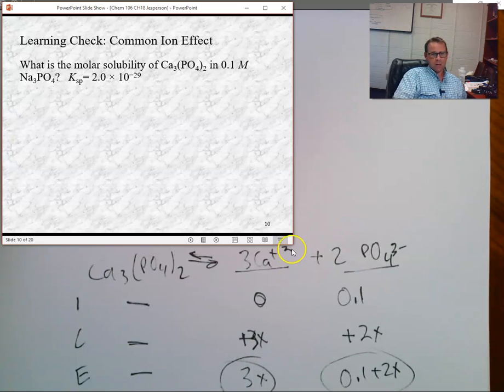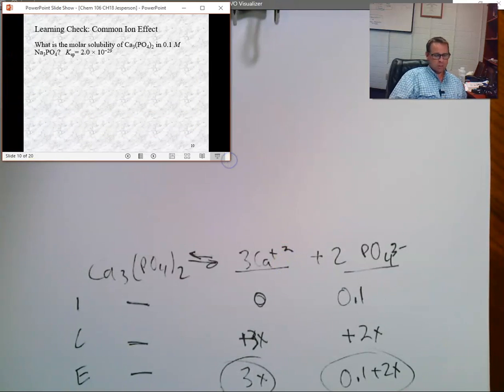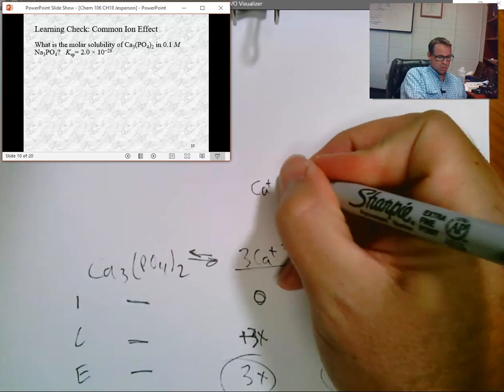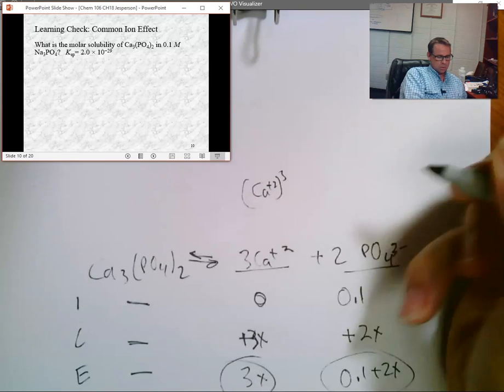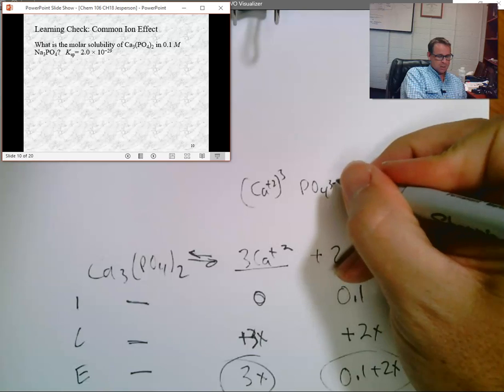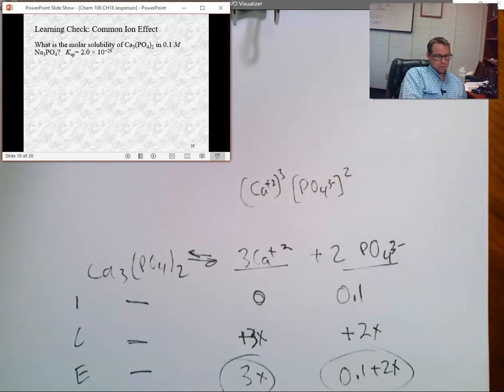So I need to take those values and put them into the equilibrium expression. The equilibrium expression is the calcium ion concentration cubed and the phosphate ion concentration, PO4 3-, squared.